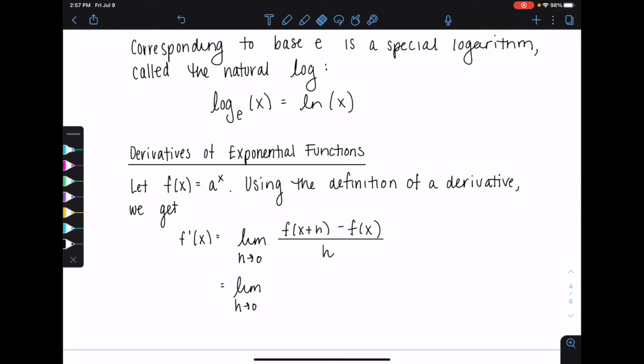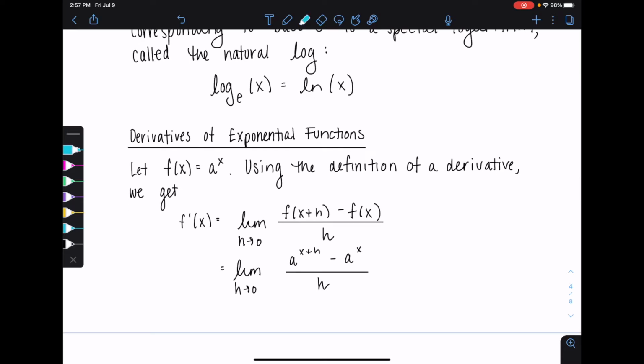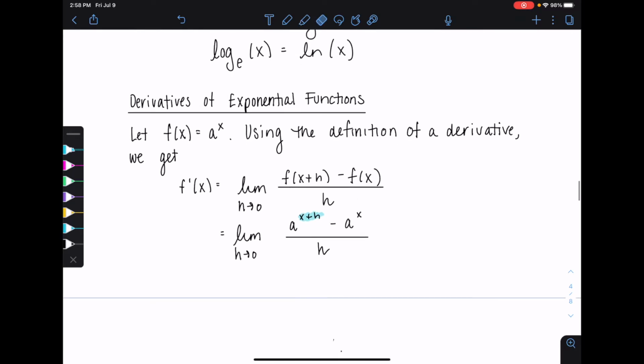This is the exponential function, evaluating it at x plus h gives us a to the x plus h minus a to the x, and then divided by h. One of our properties is when we're adding those exponents there, you can break that apart as multiplication. So it's typically the reverse that you've seen, but no problems going the opposite way.